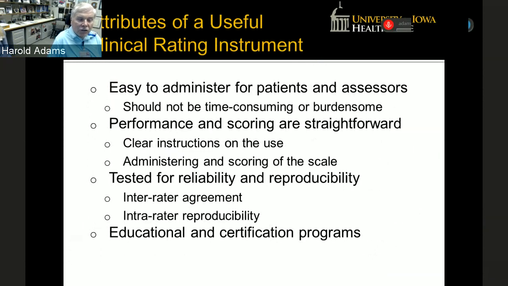There should be high inter-rater agreement and high intra-rater reproducibility. In short, the scale itself must be valid and must be something that people can do easily and repeatedly. This requires educational and certification programs.